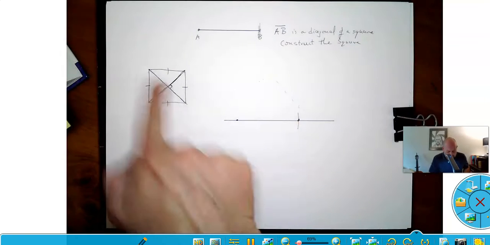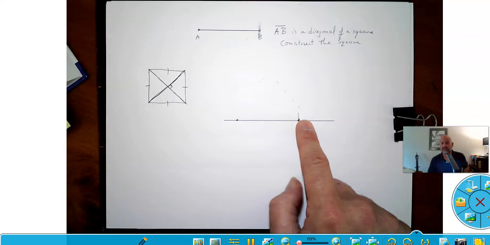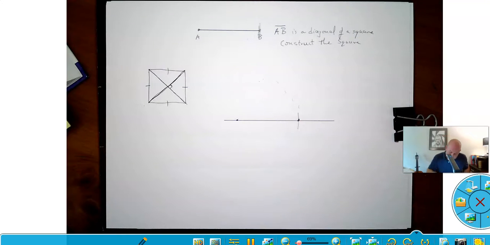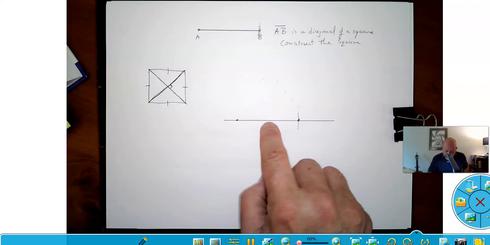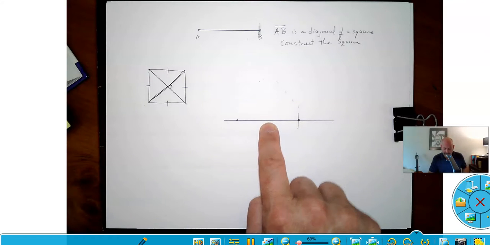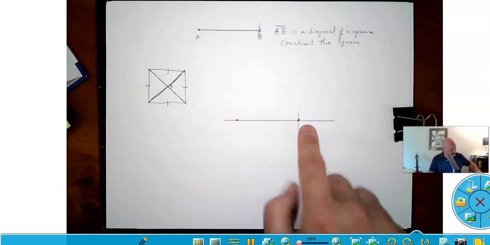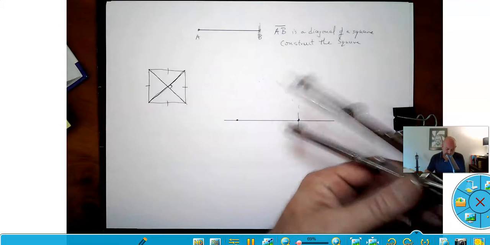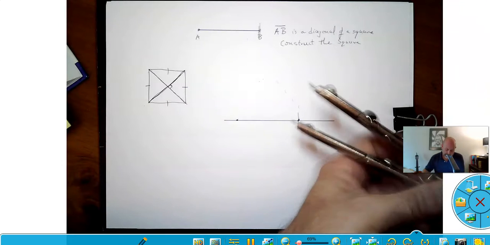So if we're going to construct the other diagonal, the other diagonal is what would finish off giving us the square. So I need to construct a perpendicular bisector here, so that I have a perpendicular line. I have the endpoints, I can do a perpendicular bisector. So let's go ahead and do that.